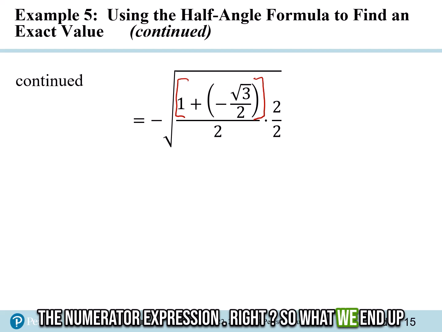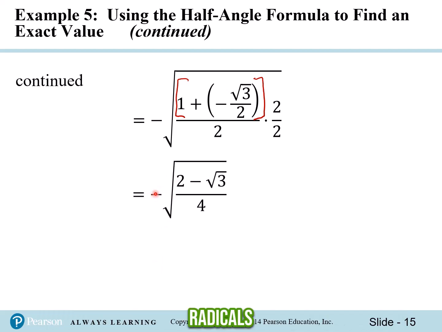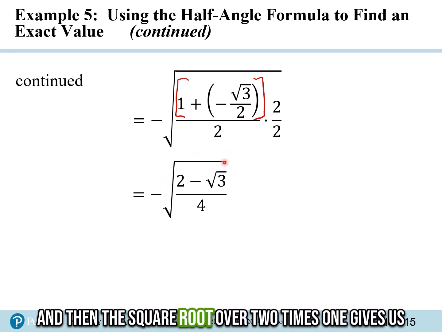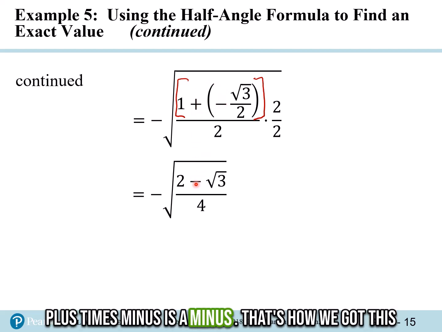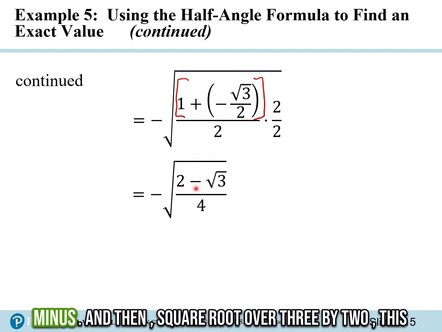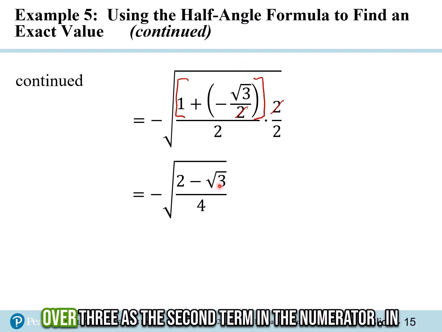Right? So what we'll end up with in the next step is the negative sign outside the radicals, and then the square root of 2 times 1 gives us a 2 in the numerator, the first term, minus, now plus times minus is a minus, that's how we got this minus, and then square root of 3 over 2, this 2 and 2 divide, so we end up with square root of 3 as the second term in the numerator.